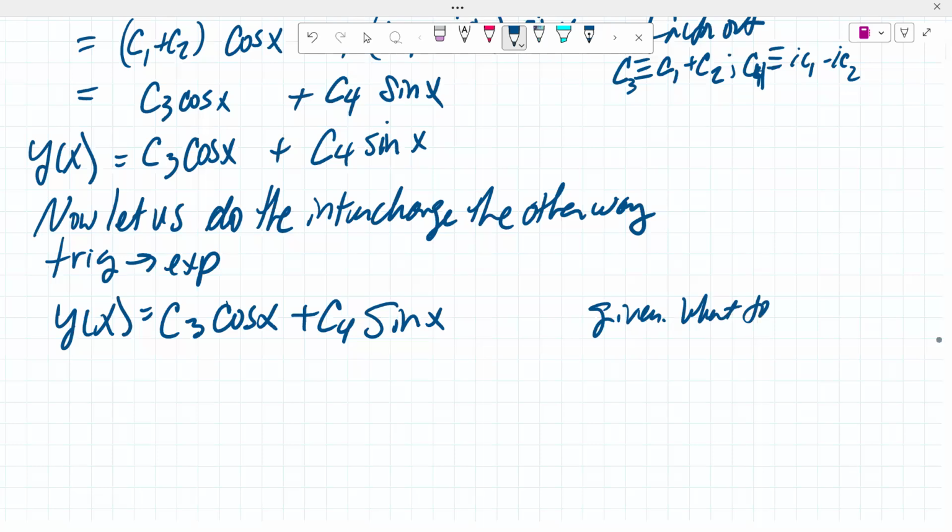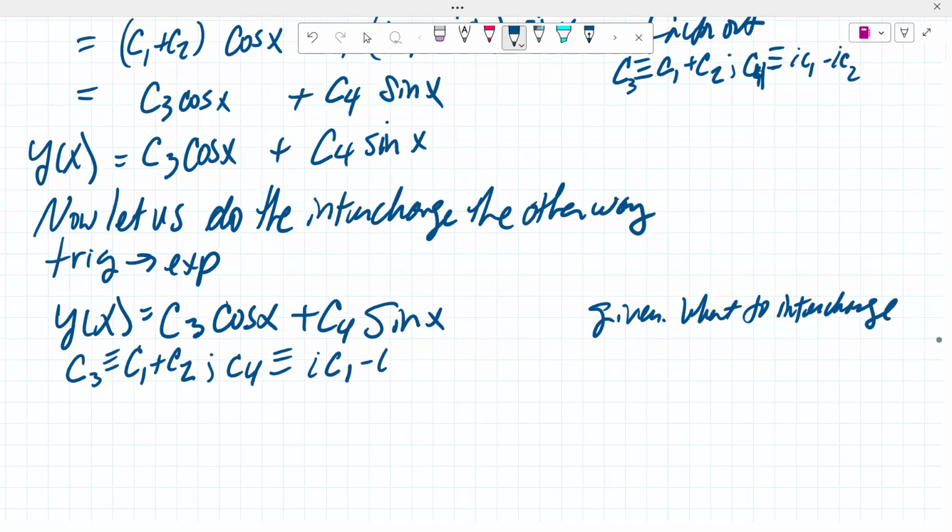What to interchange? C3 was defined to be C1 plus C2, and C4 was defined to be I C1 minus I C2. So you see that we would not have necessarily known to do this before. Let us break out the constants.